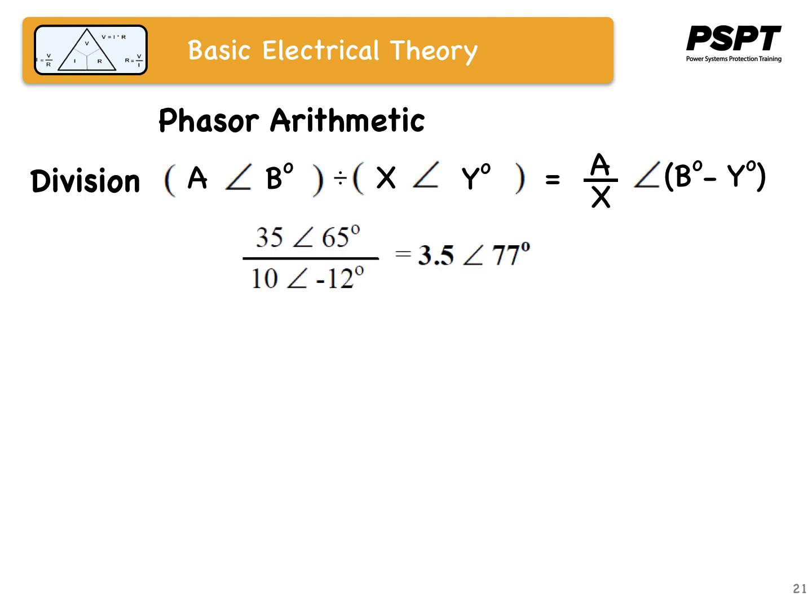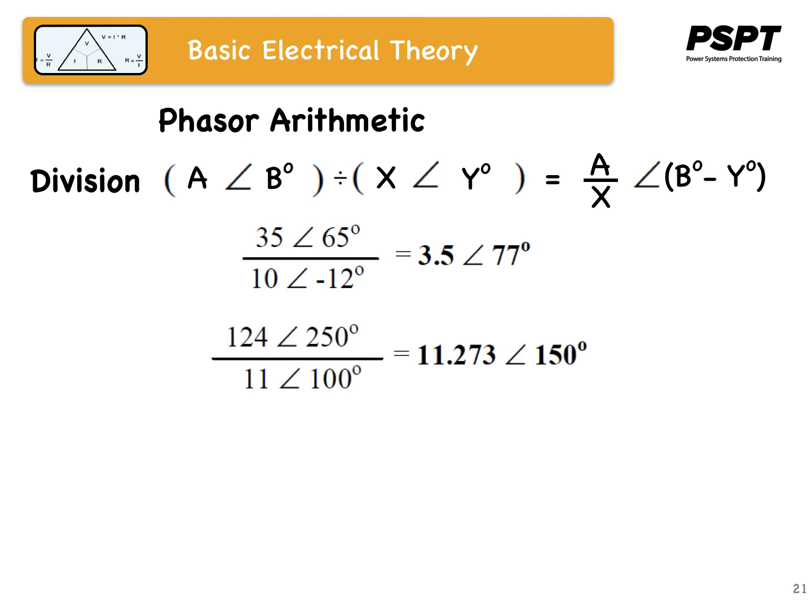So let's look at a couple of examples. 35 at 65 degrees divided by 10 at minus 12 degrees. You divide 35 by 10, which is 3.5, and you are going to subtract minus 12 from 65. It's the same as adding 12 to 65, resulting in 77 degrees.